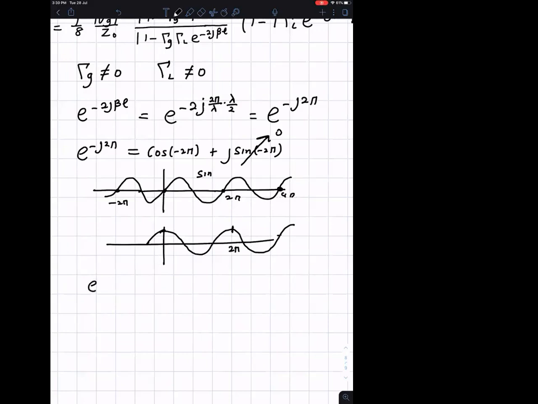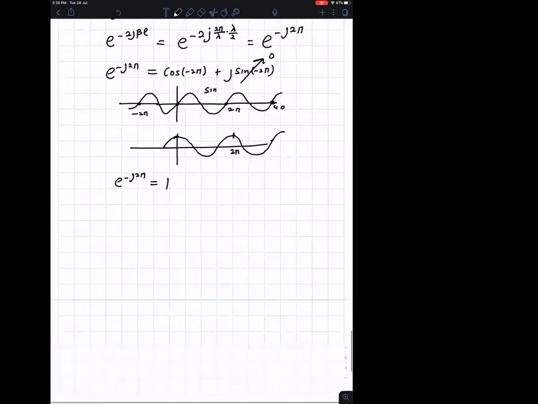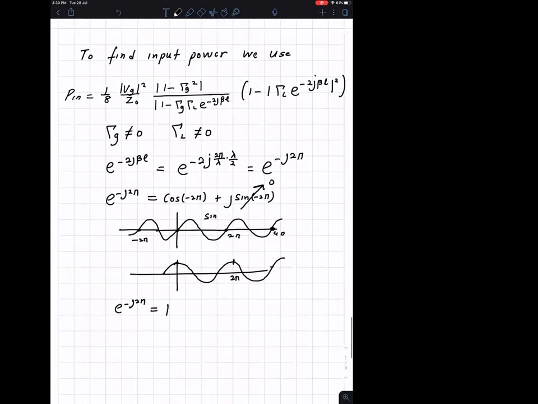Therefore, e to the minus j 2 pi is equal to 1. So we already evaluated that part.